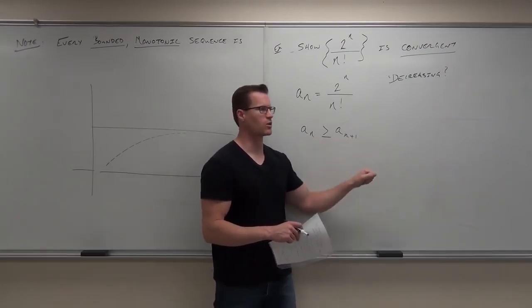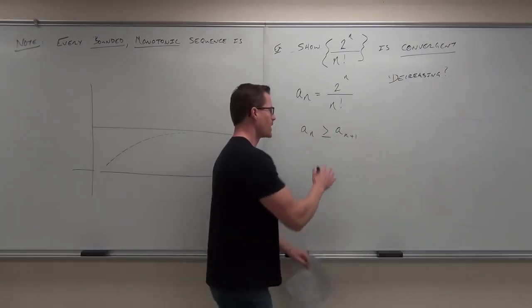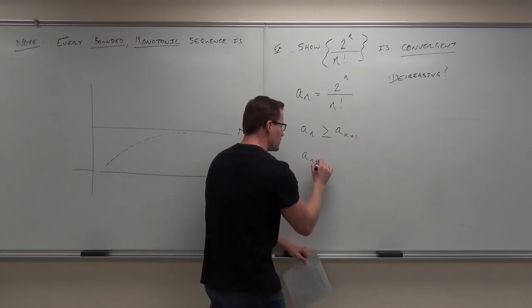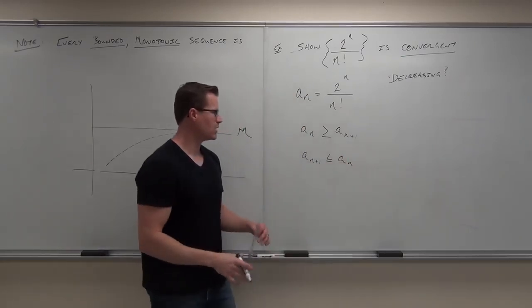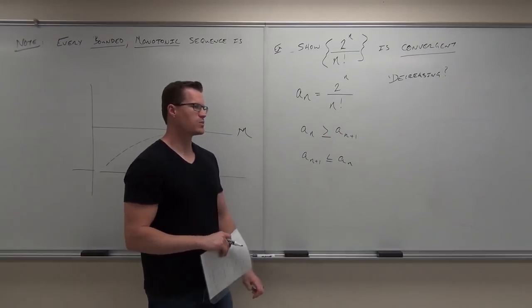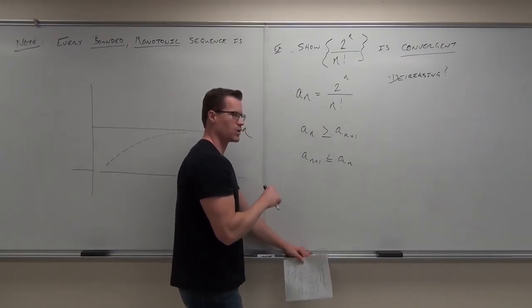The next term should be smaller. Now, I'm going to flip this around because I want to show you a certain way. Another way you can think about it is that your next term should be less than or equal to your first term. It's just a little backwards. Do these things say the same thing to you? Okay. The reason why I'm doing this is because you can show this one of 2 ways.